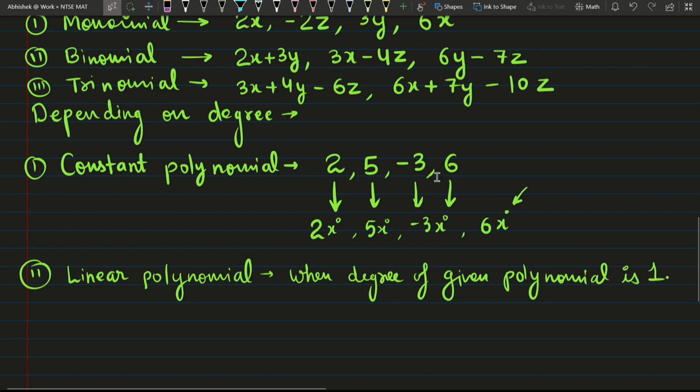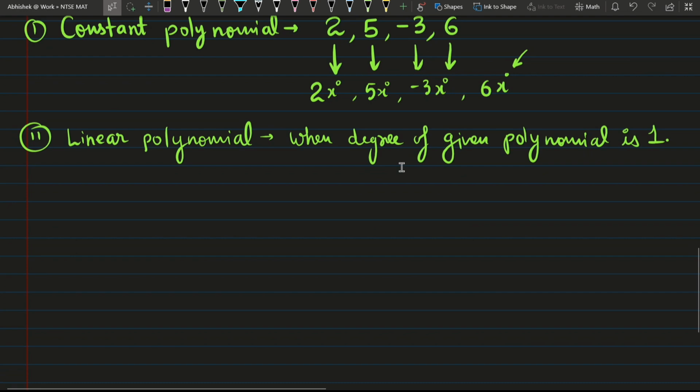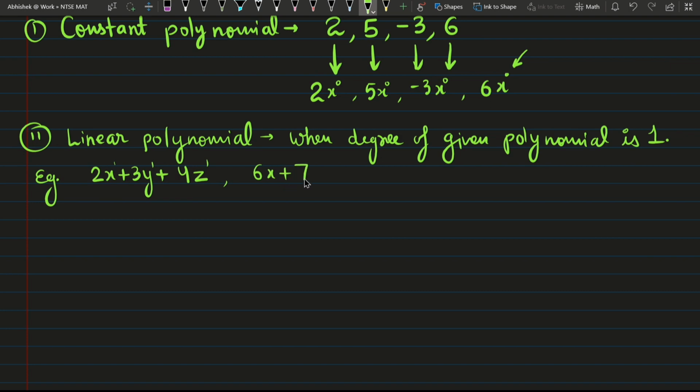In that situation, we call that kind of polynomial a linear polynomial. Example, 2x plus 3y plus 4z. Here we can see that all the available variables have power 1. Okay, 6x plus 7y. Again here the power of the variables is 1.